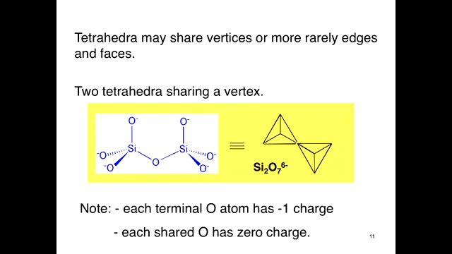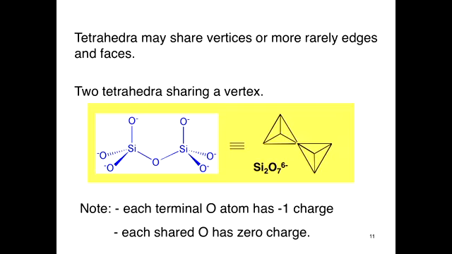We have corner-sharing tetrahedra, which means that that oxygen here is common to both tetrahedra, in that case there. So you need to be able to look at that type of representation and say, oh, okay, there's 2 tetrahedra, therefore it's 2 silicons. How many oxygens are there? Let's just count the vertices. 1, 2, 3, 4, 5, 6, 7. Total charge? Well, we have 6 terminal oxygens. 1, 2, 3, 4, 5, 6.